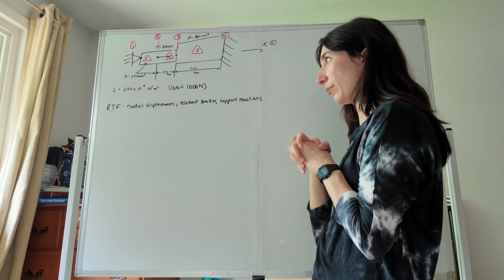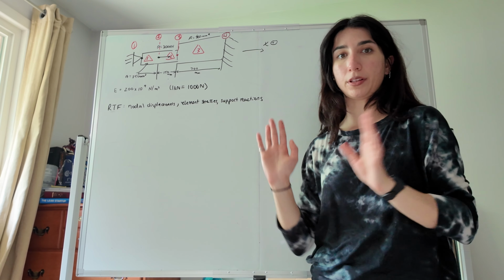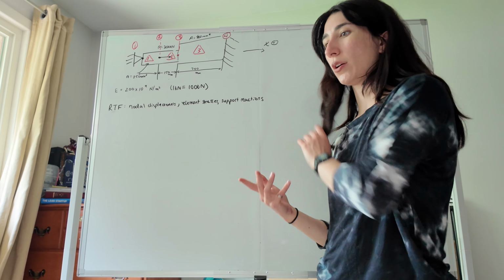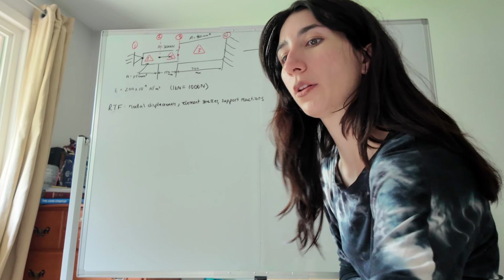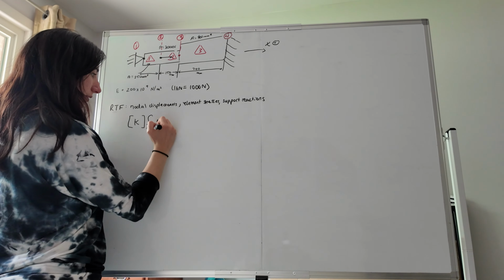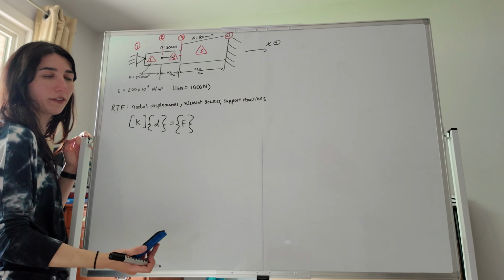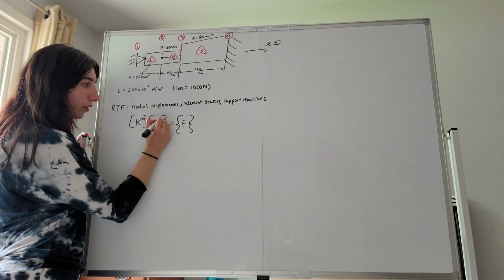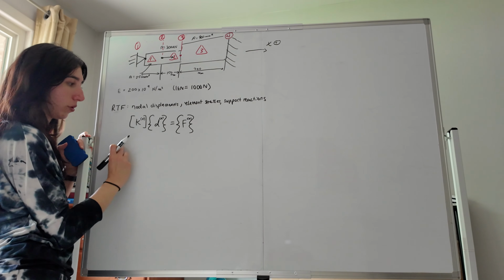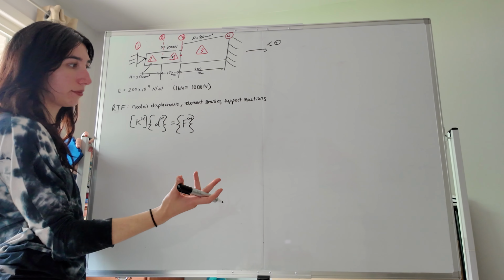Now to start solving, we will do the nodal displacements first. In order to do that, we need our equilibrium equation, which is a very similar process to what is done in springs, where our equilibrium equation will be of the form the stiffness matrix times the displacement vector equal to the force vector, which is just your Hooke's law summation of forces, and usually you'll see it with a little superscript of E, meaning that for each element you can build out this equation and then join them all together to create the overall global equilibrium equation.